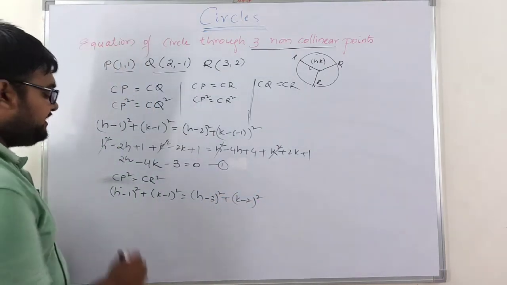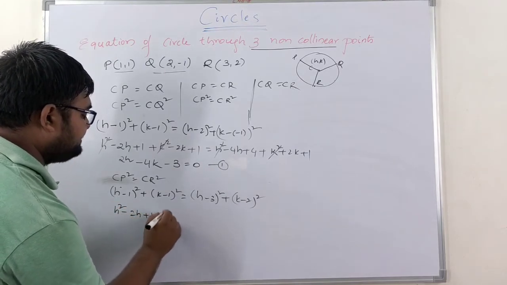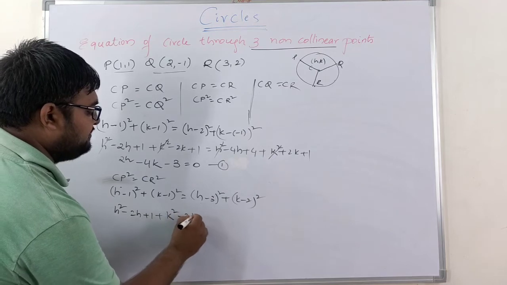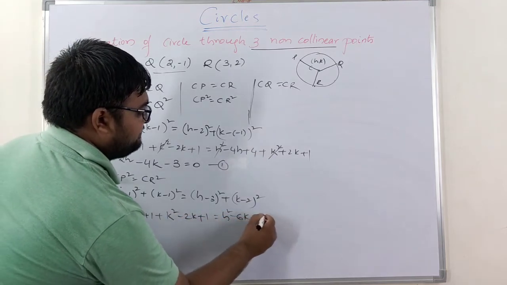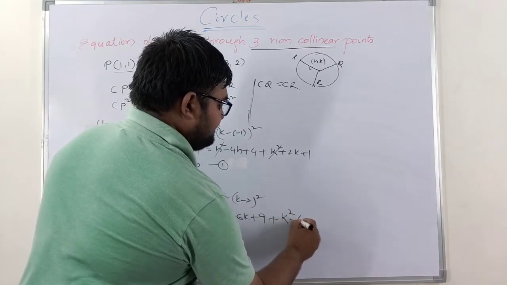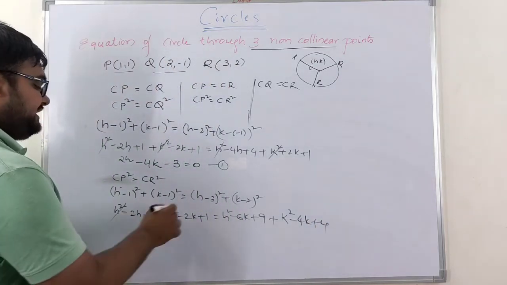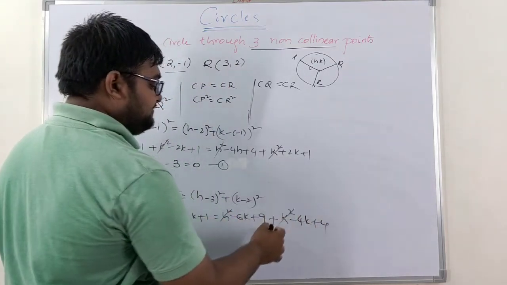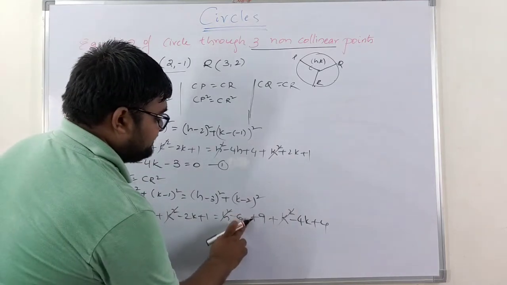On simplifying this, I get h square minus 2h plus 1 plus k square minus 2k plus 1 is equal to h square minus 6h plus 9 plus k square minus 4k plus 4. Now I can cancel h square, k square on both sides. Here this is 6h, not 6k.